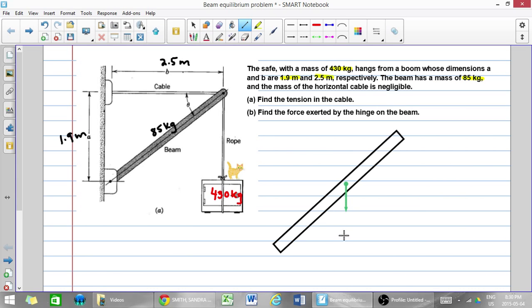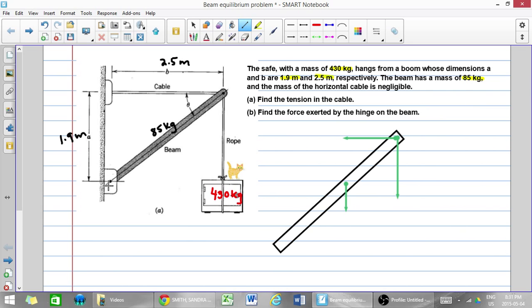We also have a rope hanging down. That force from that rope is quite a bit more because the safe is so heavy. We have a horizontal force here from the cable. And then we have the force of the hinge.